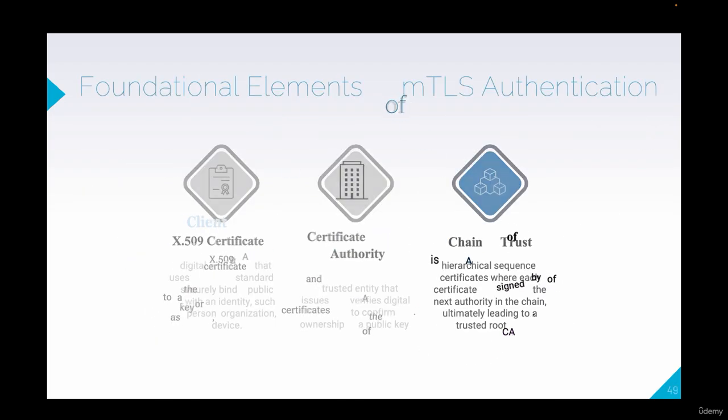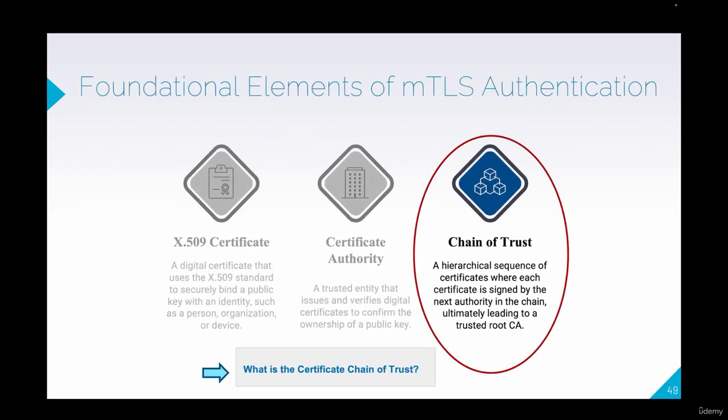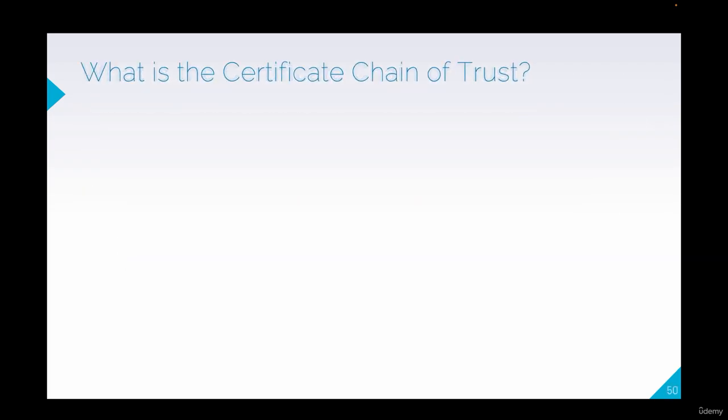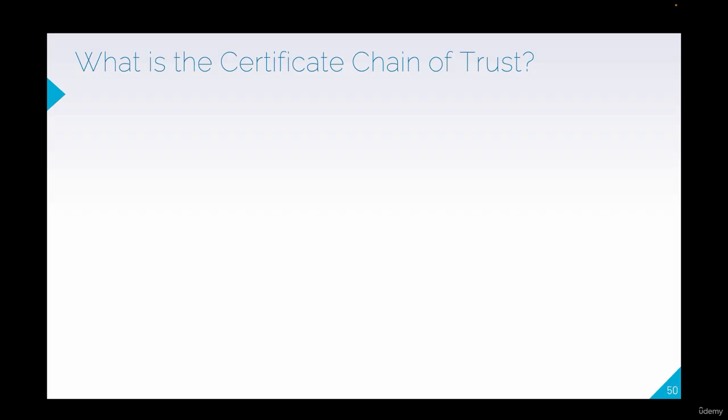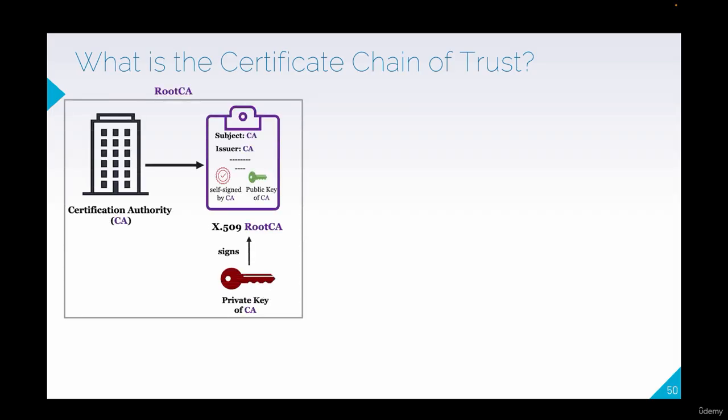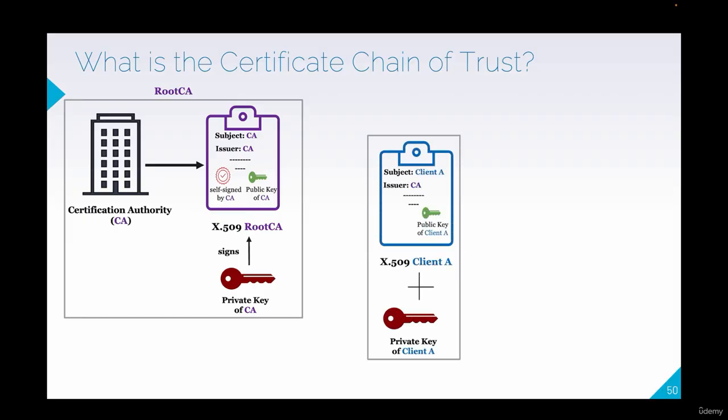Now that we understand what an X509 certificate is and the role of a certificate authority, let's look at how the chain of trust works. Imagine we have the trusted certificate authority and its self-signed root CA. Client A generates an X509 certificate with its own public and private key pair. It sends a certificate signing request to the root certificate authority for signing. The root CA signs client A's certificate with its private key, and this certificate becomes an intermediate certificate.